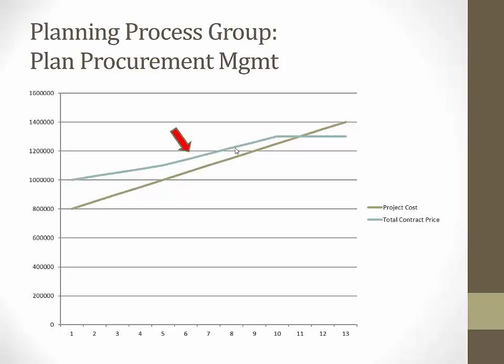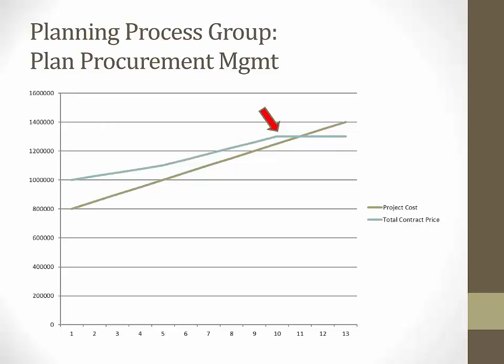So this is where you share in the cost overruns. Again, it's a different rate than the underruns, which is why you have a change in slope. From here to here represents the range where you are sharing in the risk of the cost overruns. This point here is where you reach the max contract price.